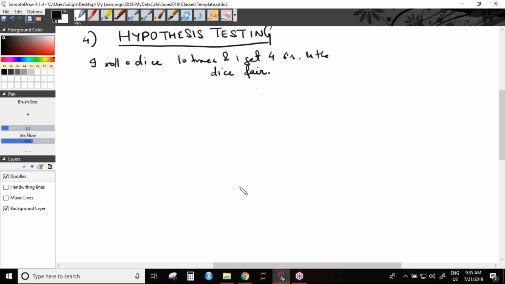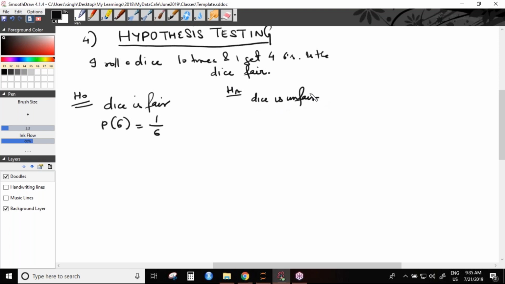So how will I find this? What will I do? I will take a null hypothesis, which will be that the dice is fair. So I'll say the dice is fair, and that means the probability of getting a 6 is 1 by 6. And the alternative hypothesis will be that the dice is unfair.